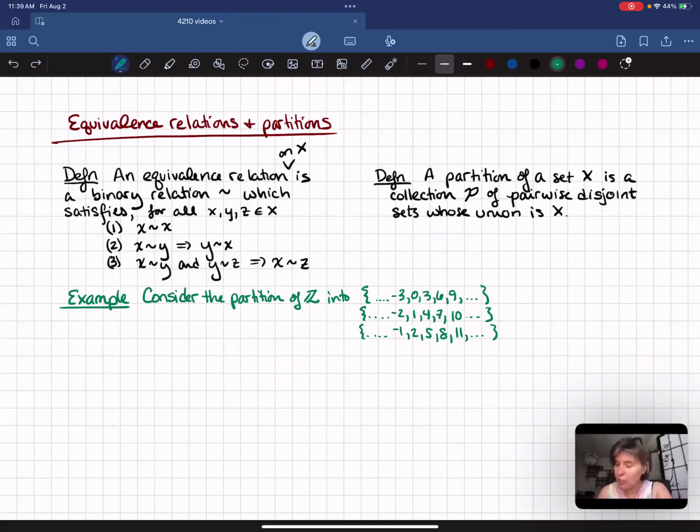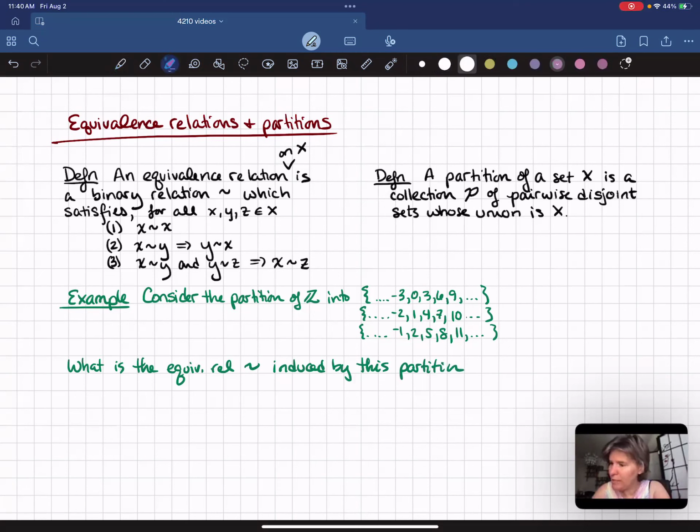And then I can also ask, what is the equivalence relation induced by this partition? So what I'll do is I'll say that any 2 points are equivalent if they're in the same set.